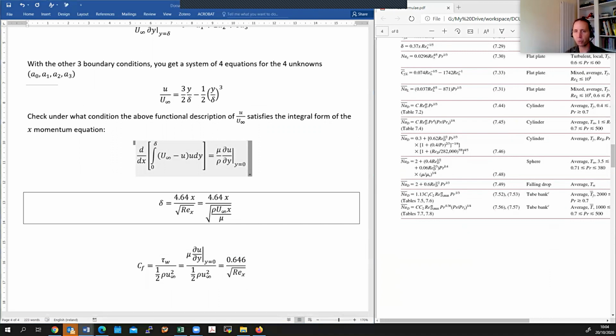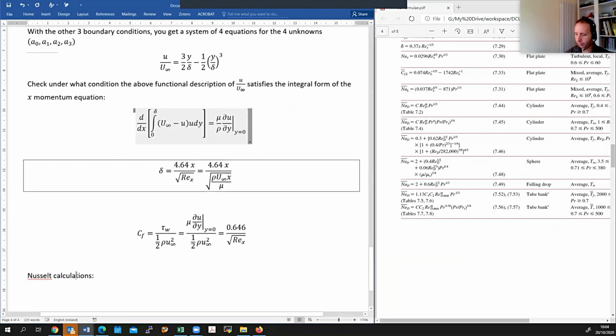It's a very similar approach to calculating the Nusselt number. You start again, so Nusselt calculation, or derivations, I should say. Start from a functional description of the solution. In that case, the solution to the thermal problem is what we're talking about, the solution for temperature.